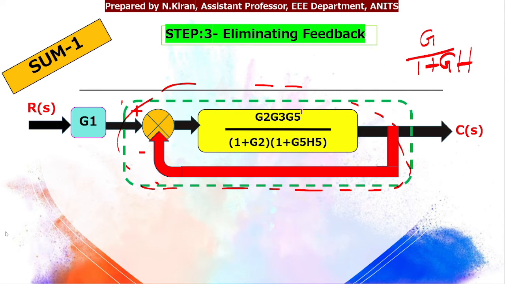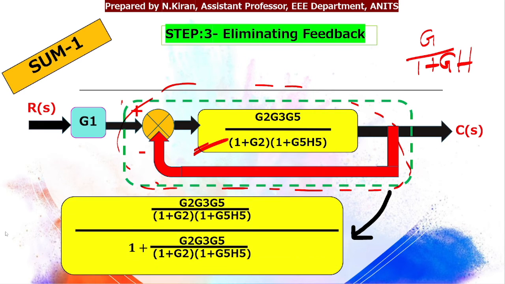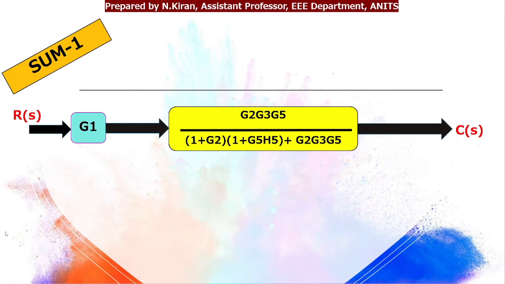In place of G I have this entire block gain, in place of H I have 1. So that is G by 1 plus G into H, so H is 1, isn't it? So upon taking LCM and simplifying, that will give me a value as G2, G3, G5 by 1 plus G2 into 1 plus G5 H5 plus G2, G3, G5.